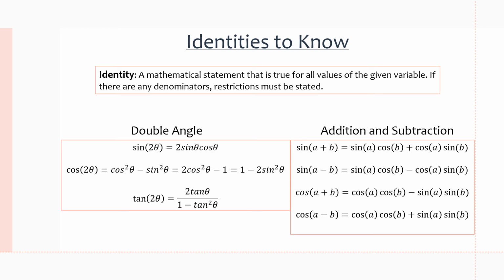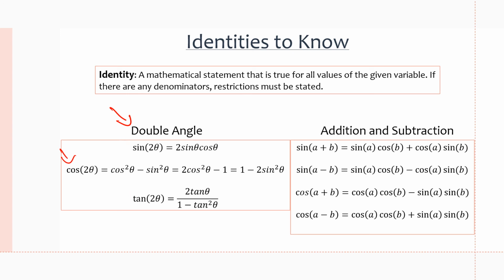Our first 3 identities are the double angle, and we call them this because on the left side of each identity, we have a primary ratio of angle 2 times theta. So multiplying our angle theta by 2. That's why we call it double angle. And the three we want to remember are sine, cosine, and tangent double angle identities.